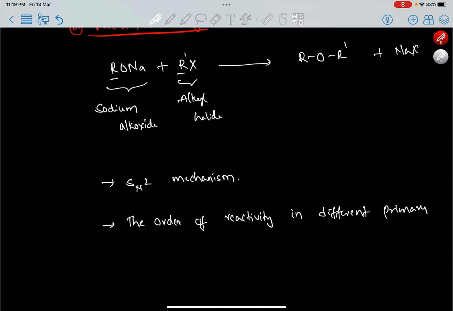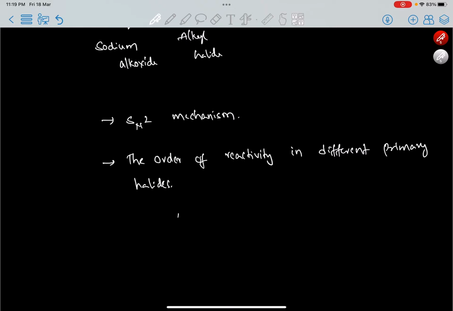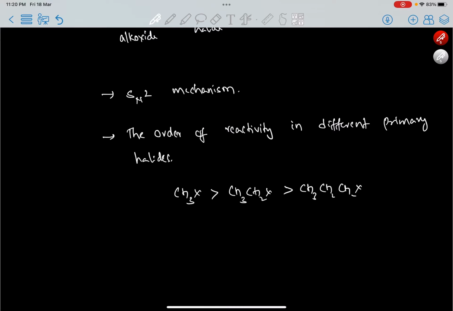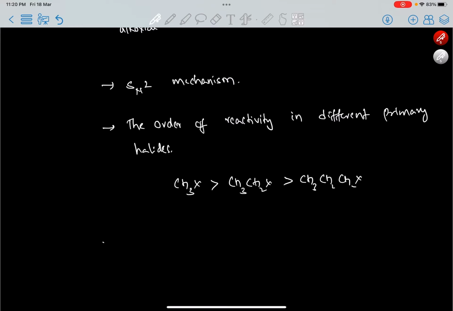We have different primary halides like CH3X, CH3CH2X, CH3CH2CH2X, and so on. When the bulkiness increases, like when the alkyl group size increases, the reactivity decreases. So always remember, when the length of the carbon chain increases, the reactivity of alkyl halide decreases in Williamson synthesis. And one more important thing is the order of reactivity.